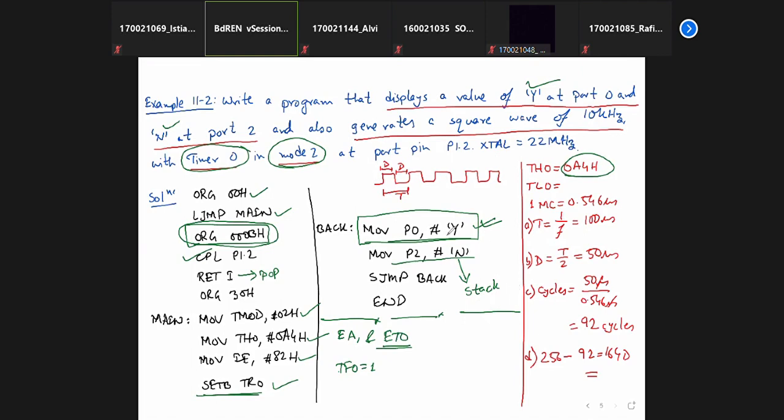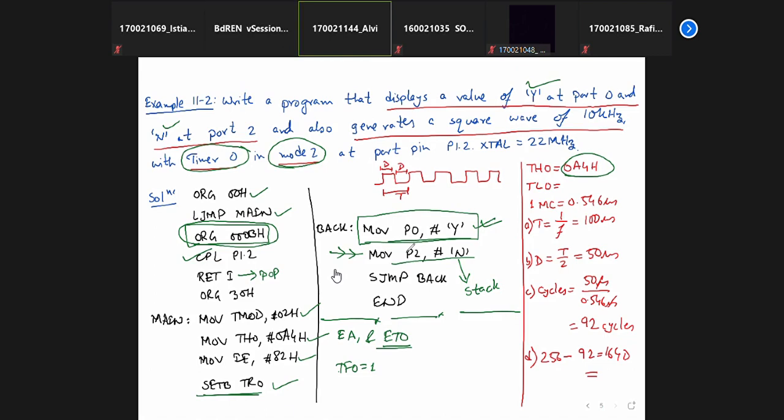Since that address will be popped out, your MPU will understand where it needs to get back. So from the popped address, your MPU will understand that it needs to get back to this particular instruction and your MPU will start working in this loop again. Is it understood to all of you? I know I should not say all of you, but those who are paying attention, have you understood?